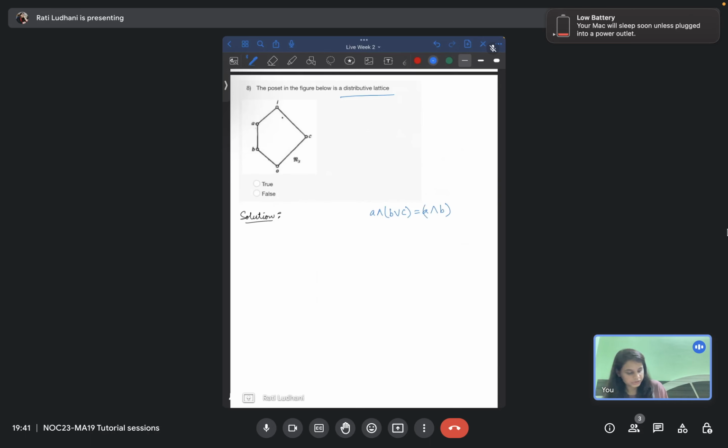I should not use ABC. Let's say y is there: X meet y, join X meet Z. So this is your question: whether the poset in this figure is a distributive lattice or not, and the other property again is this.